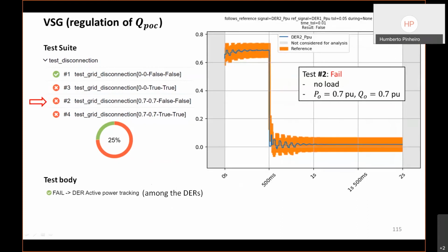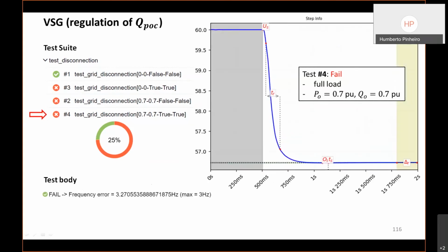The second test failed because of active power tracking. But I wouldn't say that it is that bad in this case. The third one was the frequency also, that is a little bit out of the range. The threshold here is 3 hertz, and it's 3.2.